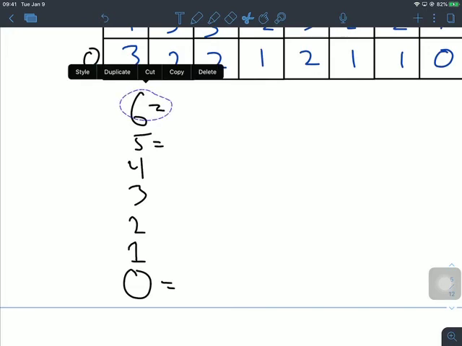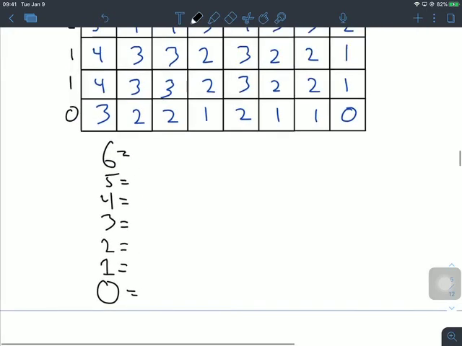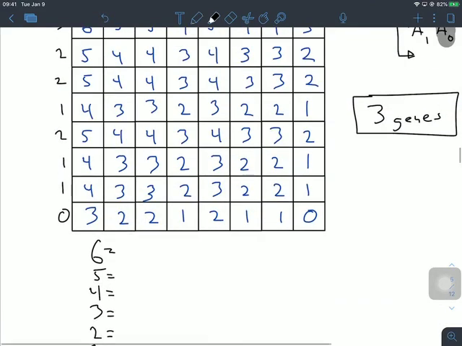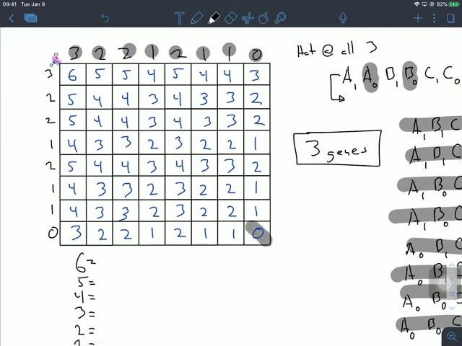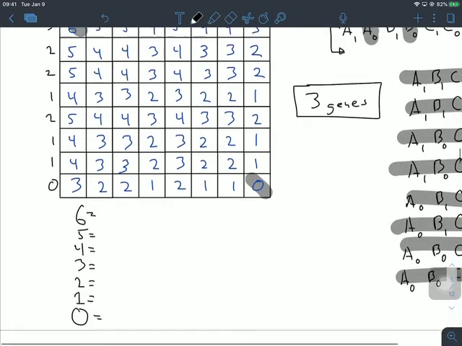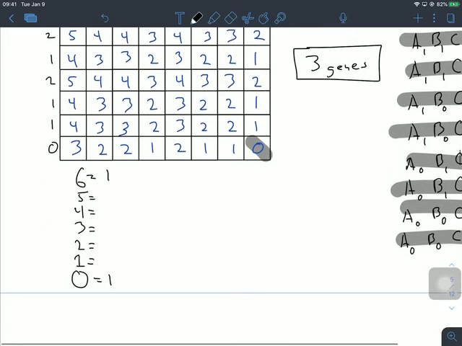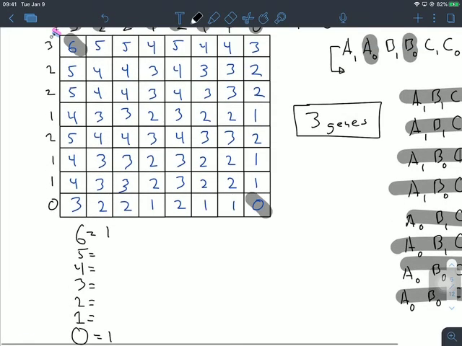Let's count up how many of each of these we have. Let's see if I did it right. Well, you know that you've got 1 zero and 1 six. See how it's really difficult to be super tall or super short? Not a lot of likelihood for that happening.